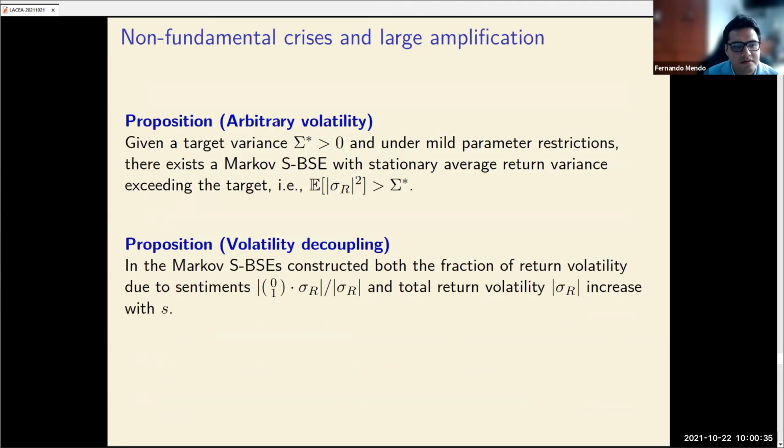Okay. So we do have some propositions within our construction. If you give me a target volatility for the capital returns, I can generate an equilibrium that matches it.